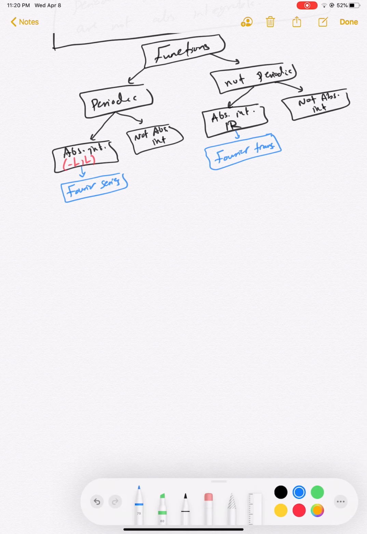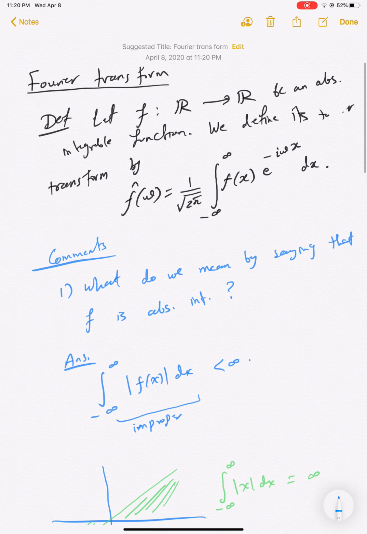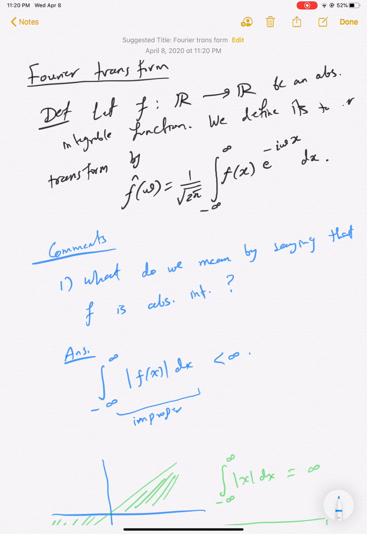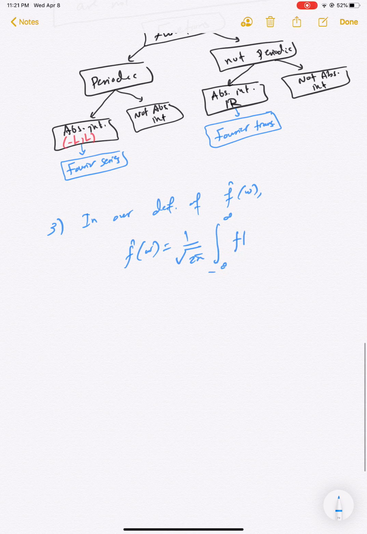Then the third thing is, if you go back to the definition of the Fourier transform, you have the constant 1 over root 2 pi. So in our definition, f hat of w equals 1 over root 2 pi times the integral from negative infinity to infinity of f of x e to the minus i x w dx, right?